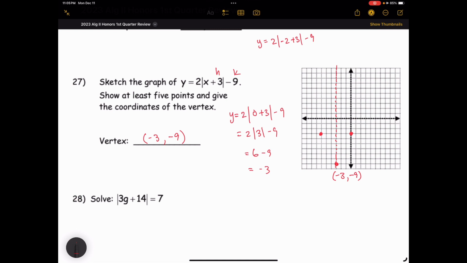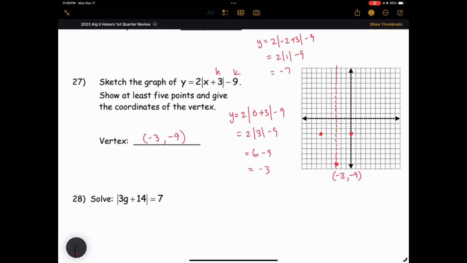So -2 plus 3 is 1. So that means 2 times the absolute value of 1 minus 9. So 2 times 1 is basically 2. 2 minus 9 is going to be -7. So when x is -2, y is -7.